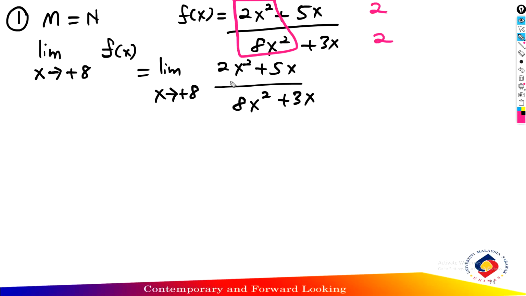So the leading coefficients here are 2x squared over 8x squared, the highest degree of the numerator and the highest degree of the denominator.